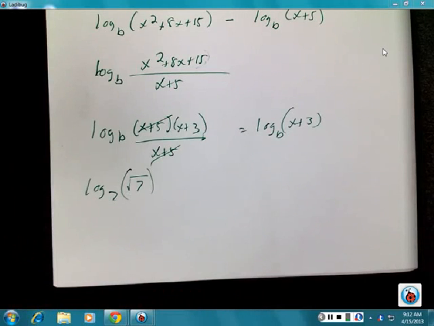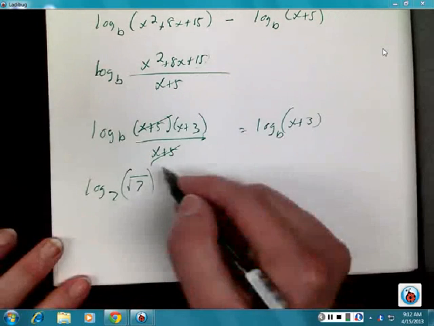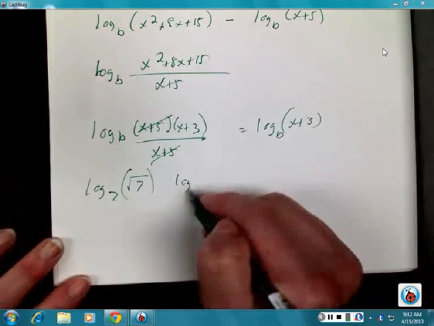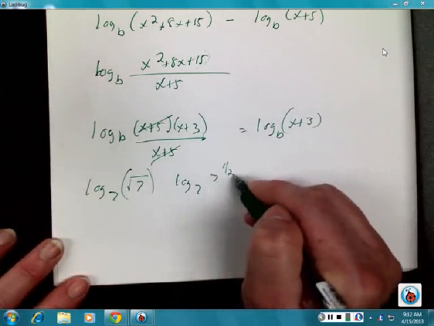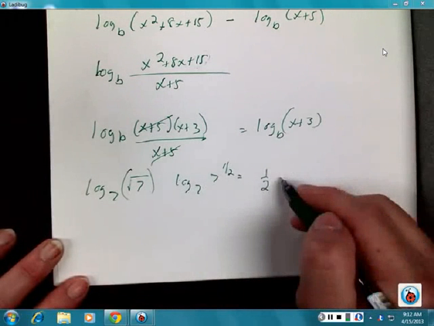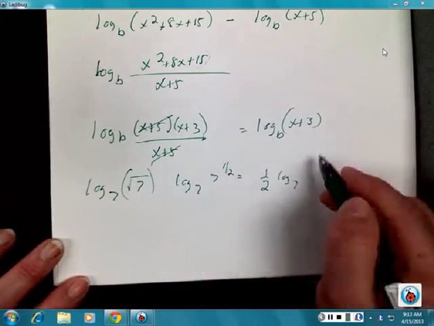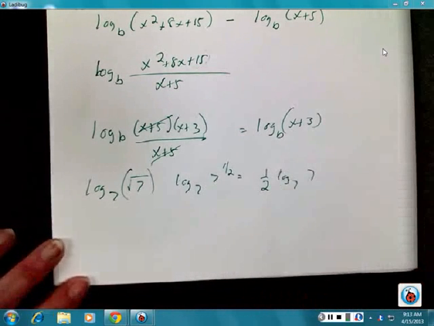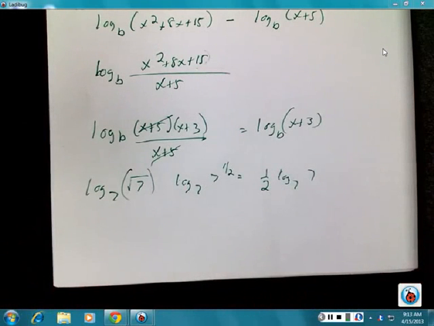What would square root of a half be as an exponent? Or square root of 7. That's a half, actually. So this is log 7 to the 1/2 power, or it's just simply 1/2 log 7, and that's all it's asking to do. Because you have a power on there, you just need to bring it forth and put it at the beginning with that one.